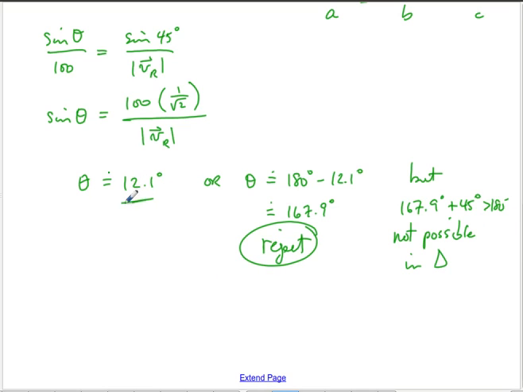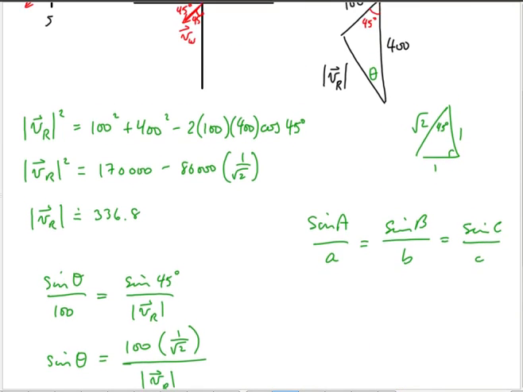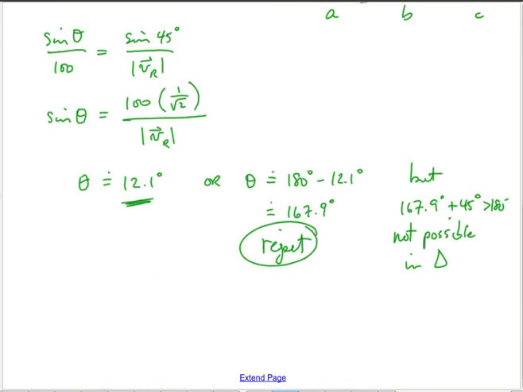And as you can see, 12.1 degrees is an angle less than 45 degrees. So I'm now ready to describe that. And just to remind you, take a look at our diagram here. 12.1 degrees was this angle. And so how would we describe that? That is north 12.1 degrees west.